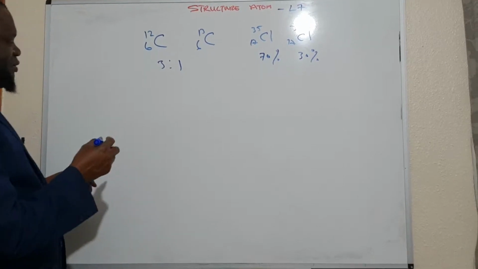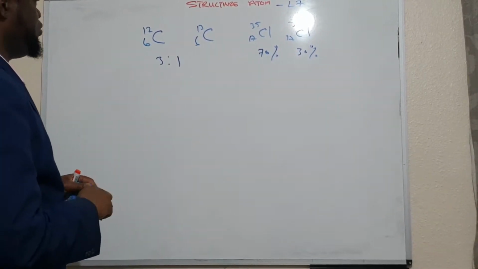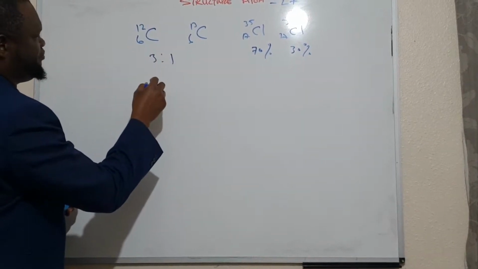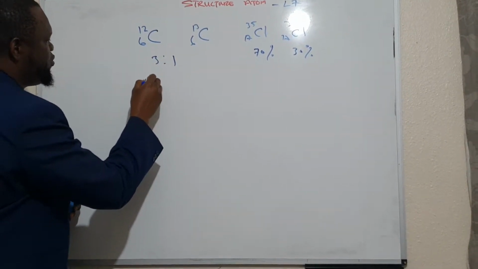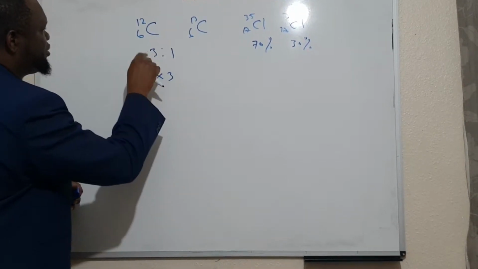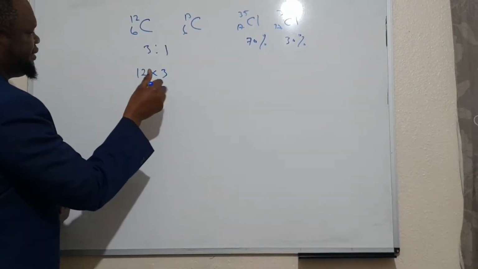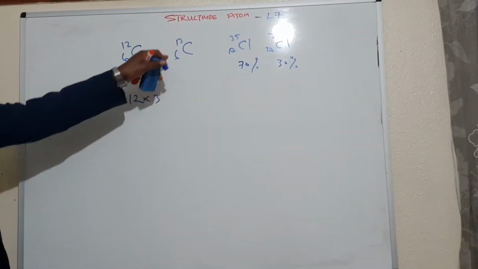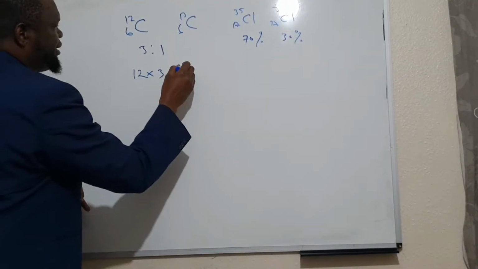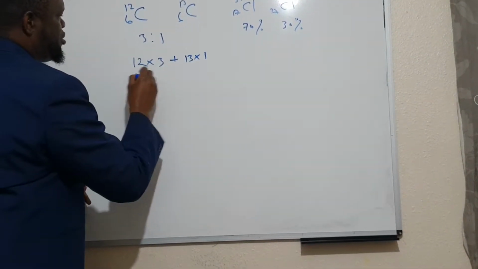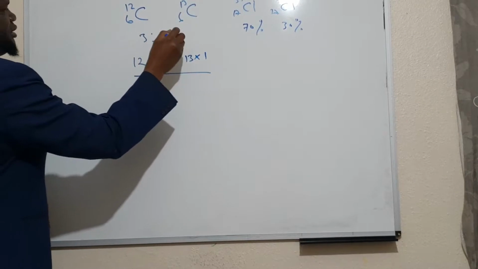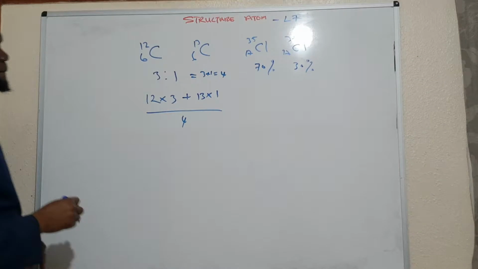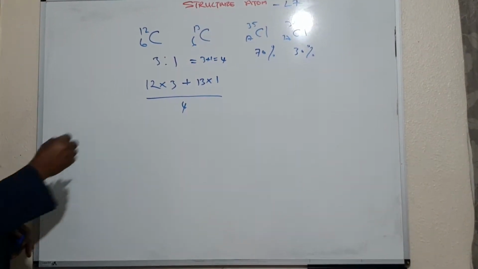Now, the relative atomic mass is just the average mass. Since this is their ratio, you say 12 times 3, because 12 appears 3 times, plus 13 times 1, all over the total, which is 3 plus 1 equals 4.